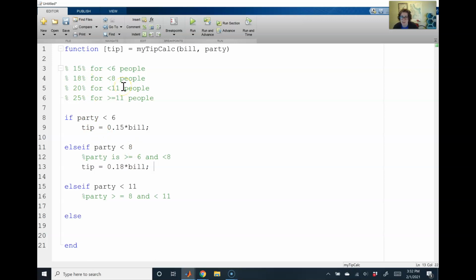If we have less than 11 people but greater than or equal to 8 people, then our tip is going to equal 20% of the bill. You're getting more in the correct tipping range there. And then if we have 11 or more people, our tip is going to be 25%.